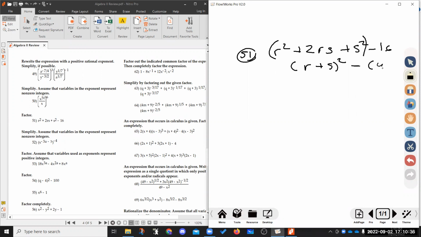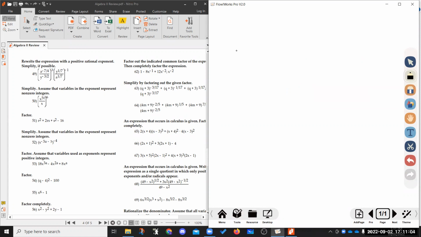This is minus 4 squared, like that. So this is going to break down into r plus s minus 4 times r plus s plus 4. Some creative factoring, but I broke it down into a difference of 2 squares because the first 3 terms gave me a perfect square trinomial.